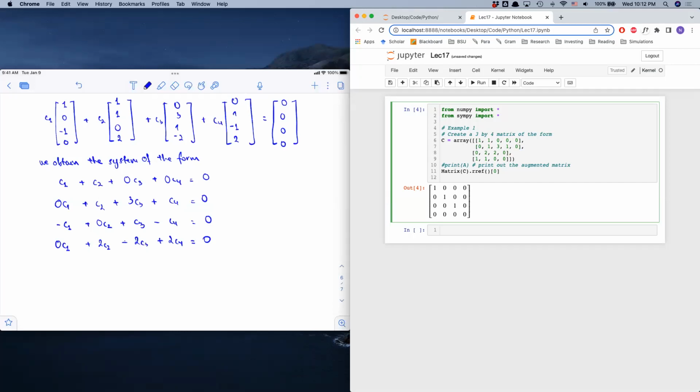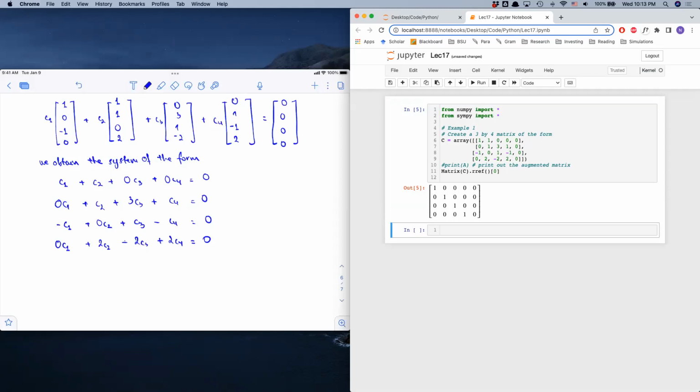The third row is negative 1, 0, 1, negative 1, and 0. And for the last equation, the coefficients are 0, 2, negative 2, positive 2, and 0.